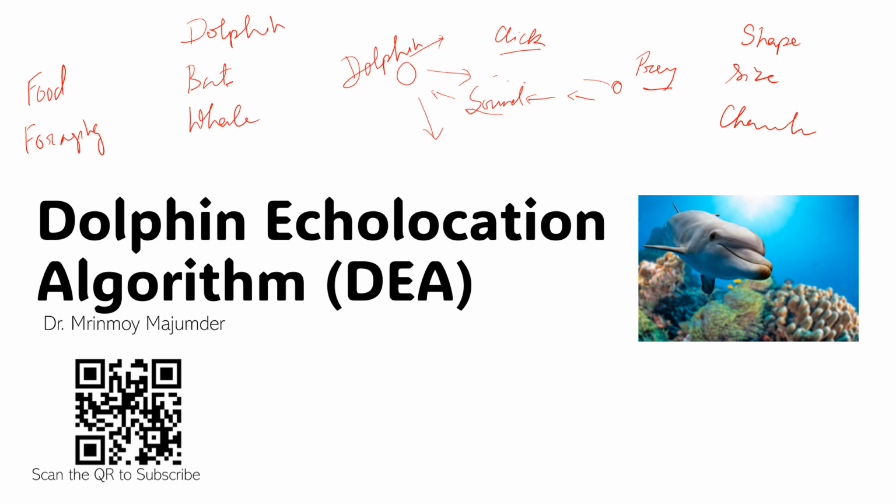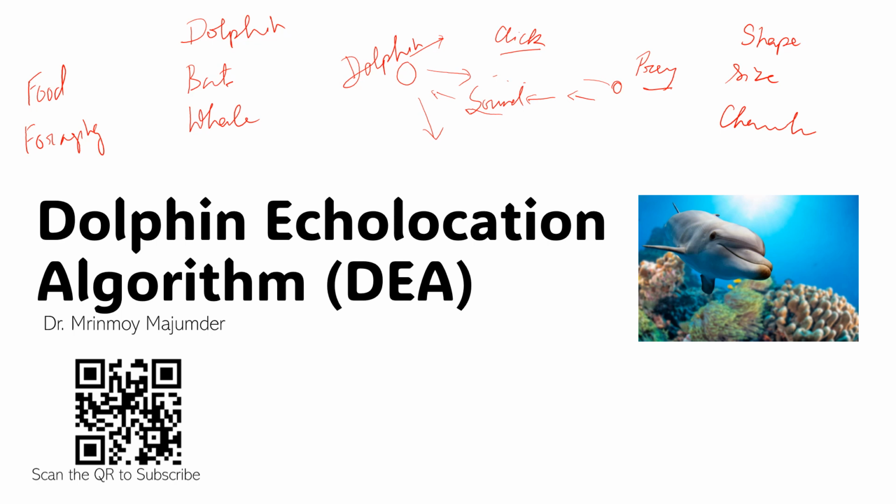But when the dolphin is hunting on its own, then also the system is the same. But the only thing absent is this confirmation. So this confirmation actually helps the dolphin to increase the probability of getting a prey in that direction.